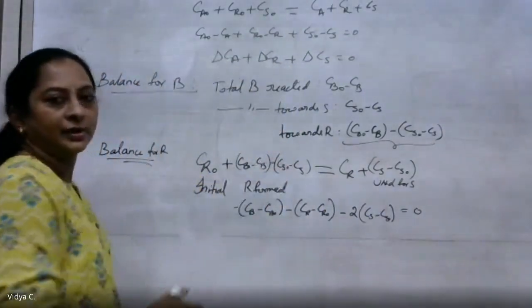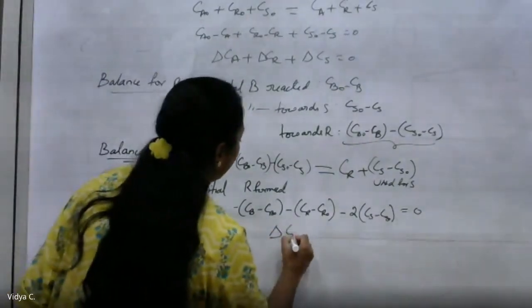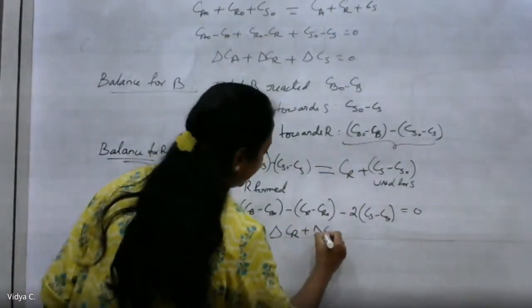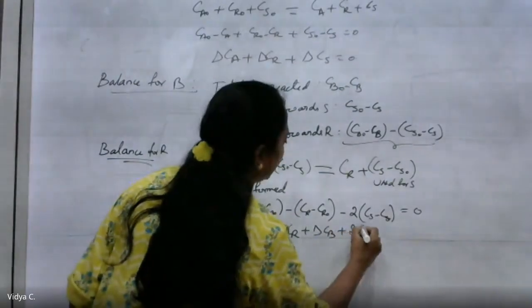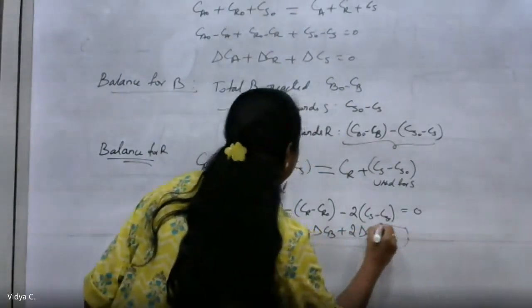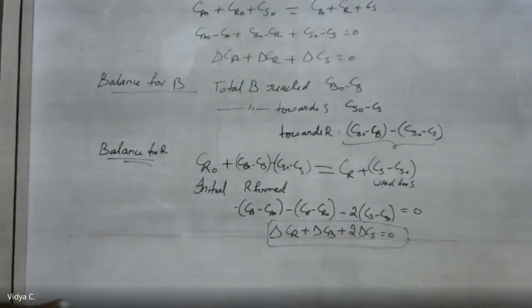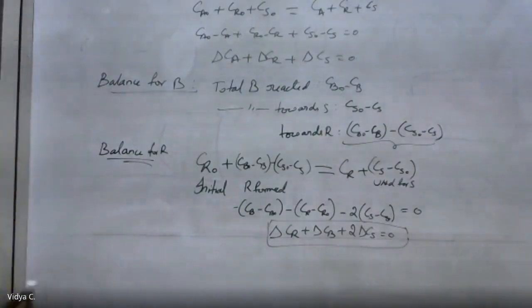You just take the products and simplify. And the final equation here is delta CR plus delta CB plus 2 delta CS will be equal to 0. This is my equation which is required. Make a note of that.